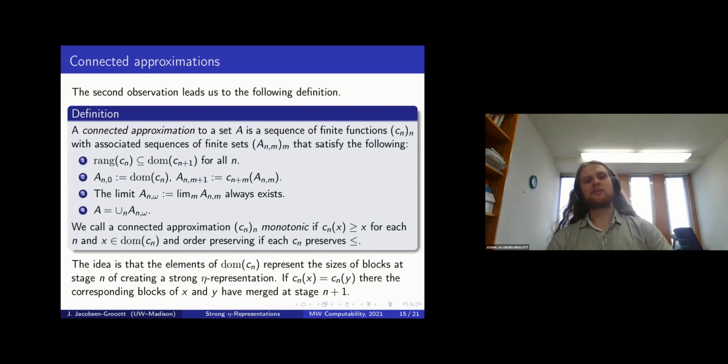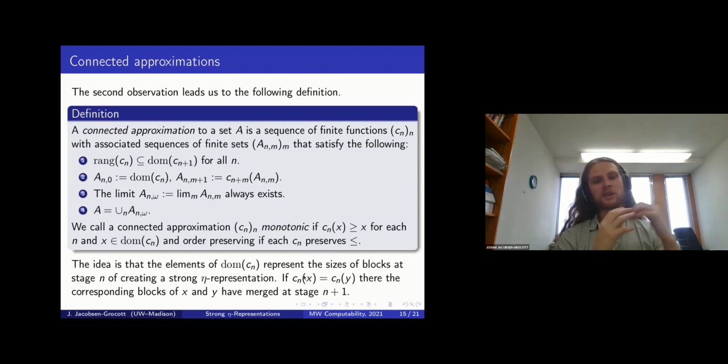So the intuition about what these connected approximations are doing is a little bit different. Here the idea is that the elements of the domain of Cn correspond to some blocks of an eta representation that we can work out at size n. All right, and so the Cn tells us sort of what happens to the blocks.